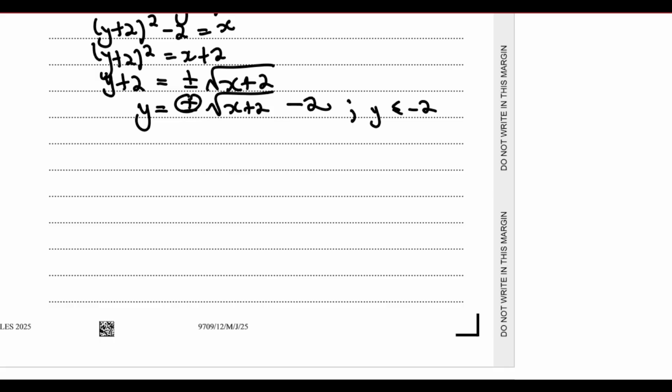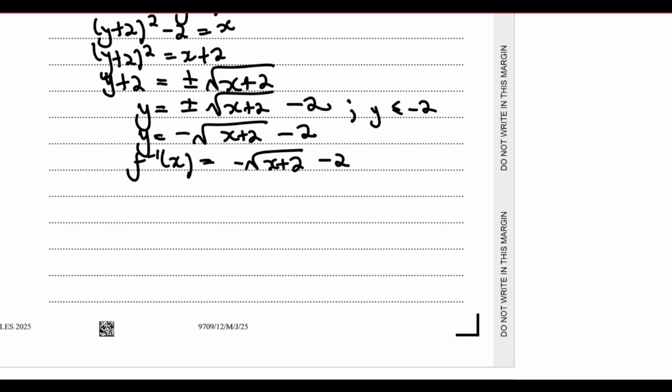If I wanted to be below negative 2, I would have to go more into the negative, if you want to think about it like that. So we need the negative root. So f inverse is this, there we go.